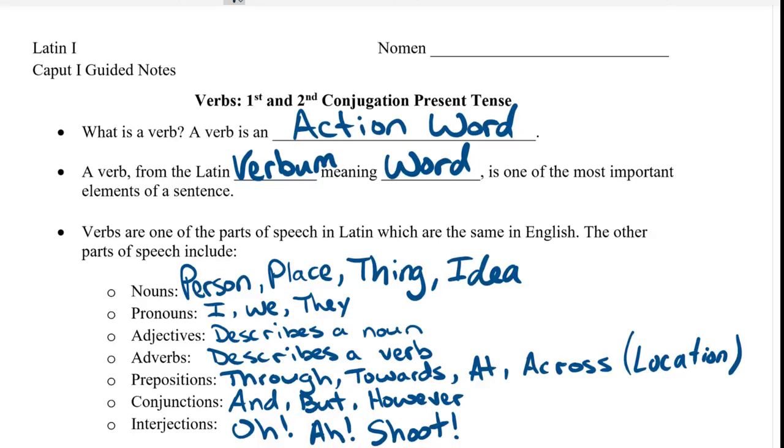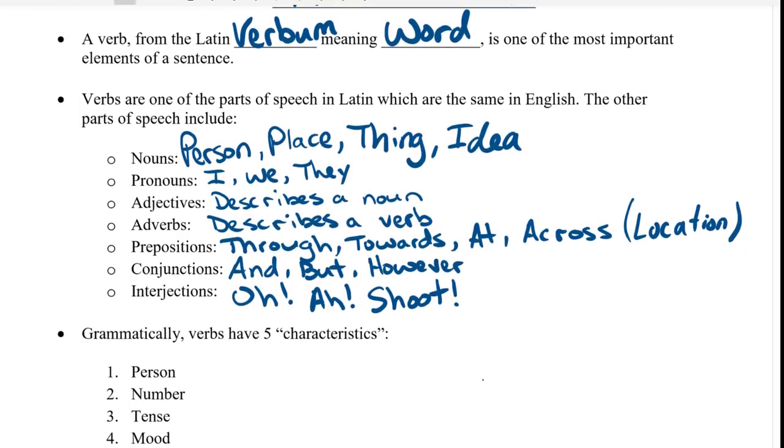And so an action word. Just so you can see here, and feel free to pause the video if you want to fill this out, verbs are just one part of speech in Latin, and those parts of speech are the same in English. And I have the other parts of speech listed out here. Nouns, pronouns, adjectives, adverbs, prepositions, conjunctions, and interjections.